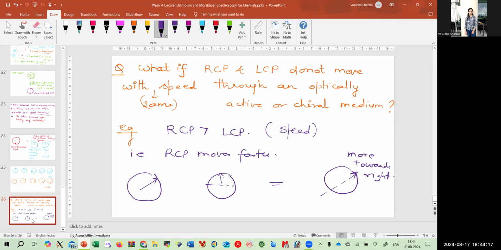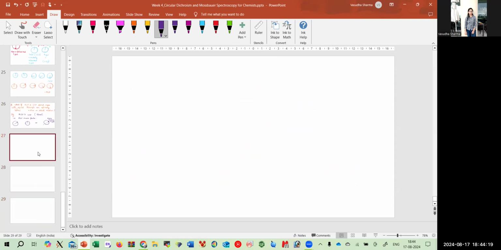What really happens is, RCP is something like this, the right side interaction, and this is your LCP.